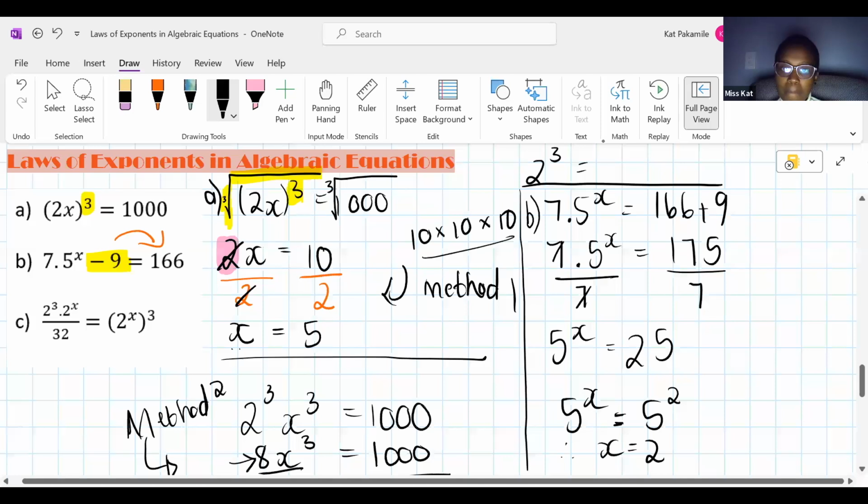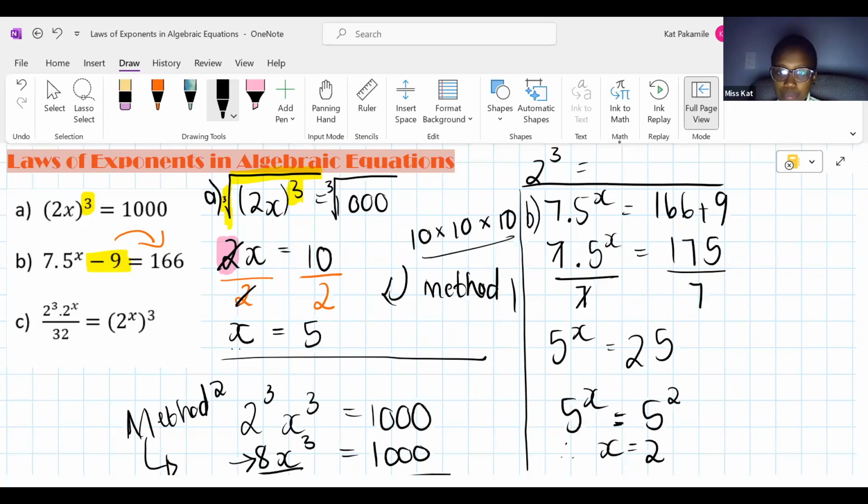It is 8, ma'am. 8. And then what's the cube root of 8? The cube root of 8 is 512. Cube root, not the cube.